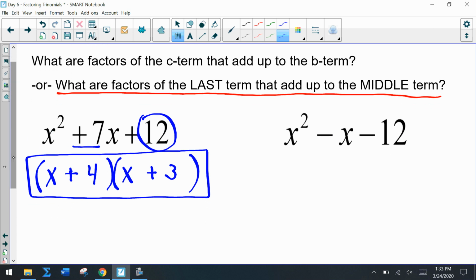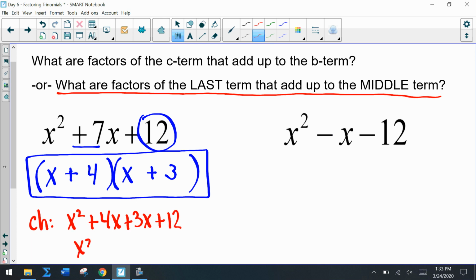And now to check our work, we can remultiply. So we get x squared plus 4x plus 3x plus 12. And do we get x squared plus 7x plus 12, the original problem? We do. So the factors are x plus 4 and x plus 3.